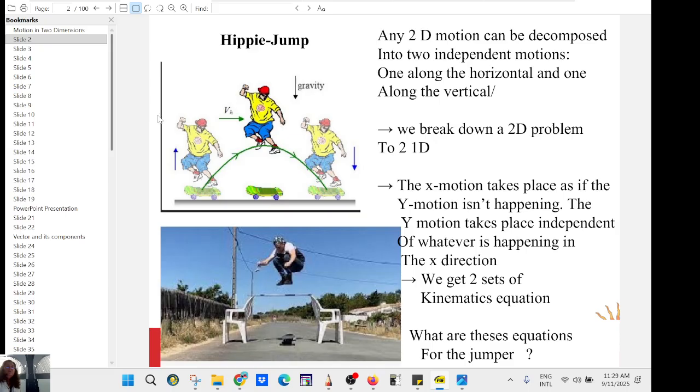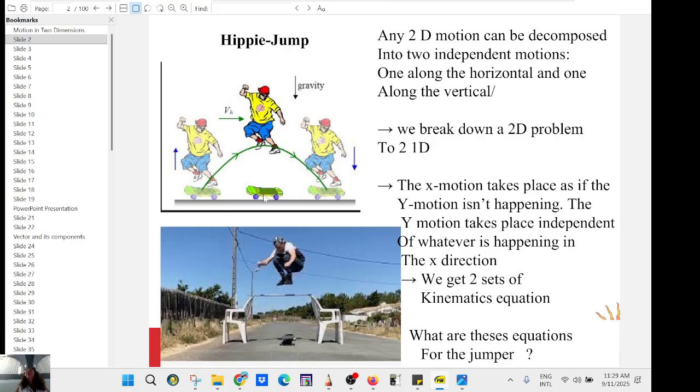For example, you can be convinced by that. The hippie jump, I don't know if I say it right, but if the skateboard is moving forward at a constant velocity, sure enough, you're going to end up on your skateboard as long as it does not accelerate. So two things at the same time: you are moving forward at the same velocity as your skateboard, but you are also going up and down.